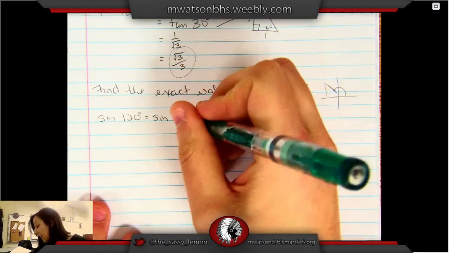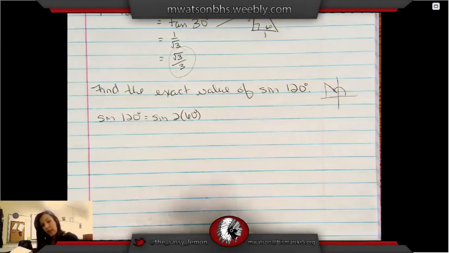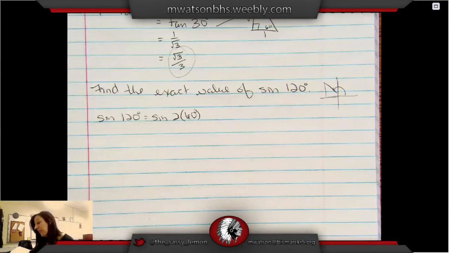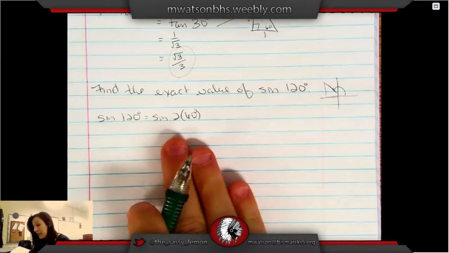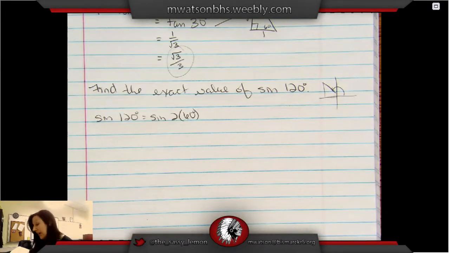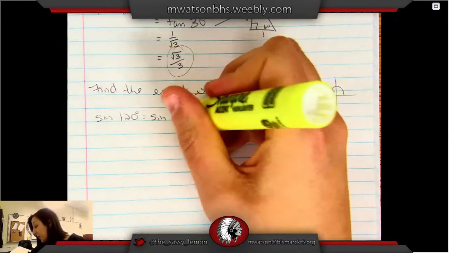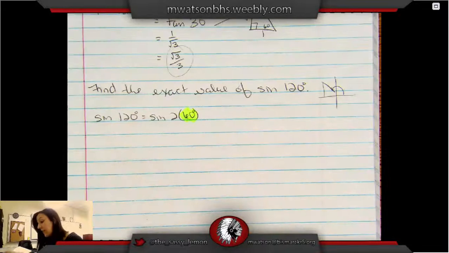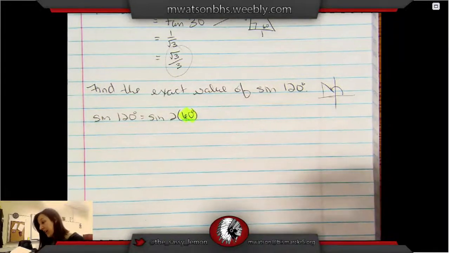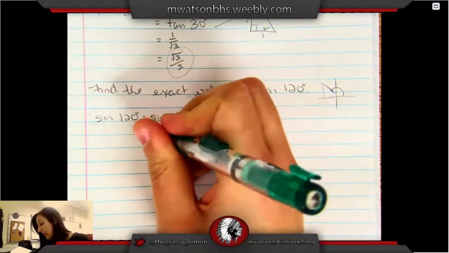Well, we can make that something 60 degrees. So these two are equal. And now we've got this set up so that it looks like our double angle formula. Now we know that this 60 degrees is our theta.